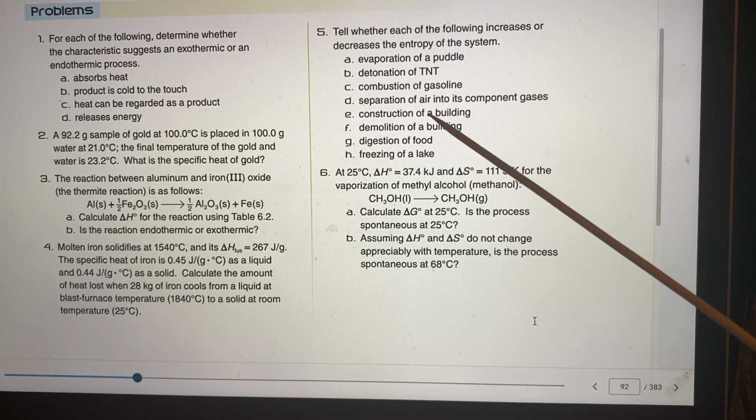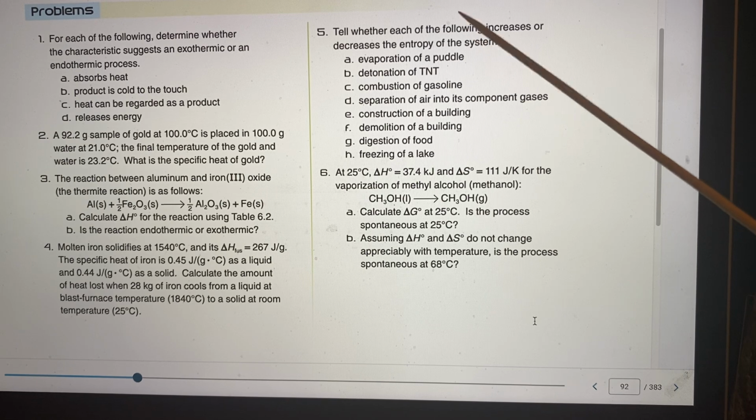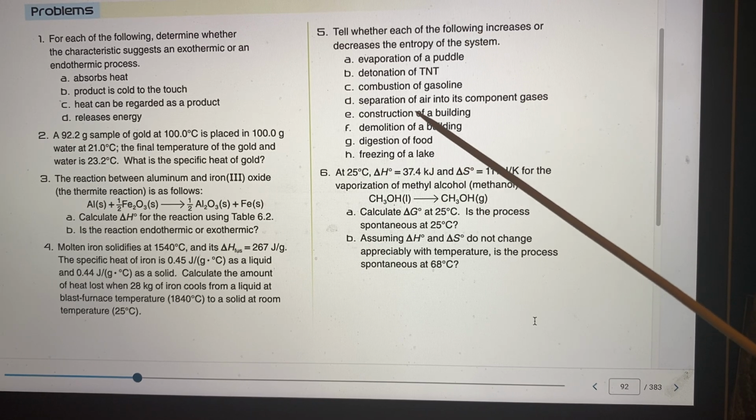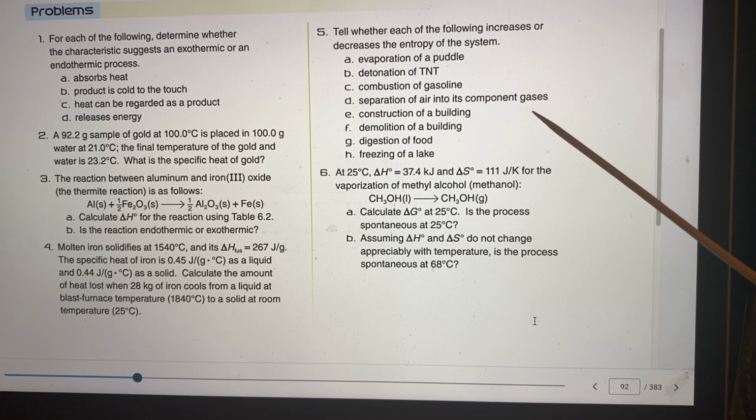Okay, yes. Number C, combustion of gasoline. That's another one, like an explosion. So that's going to be an increase in entropy too. D, the separation of air into its component gases. What would you say? Air to gas increases the entropy, order to disorder.